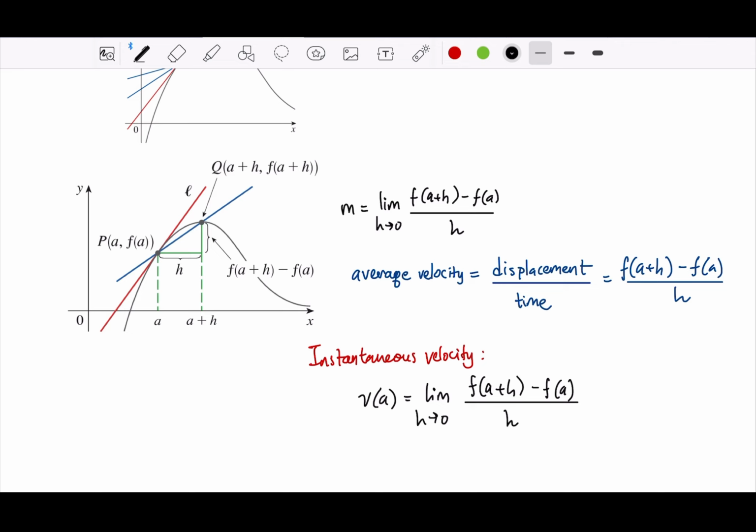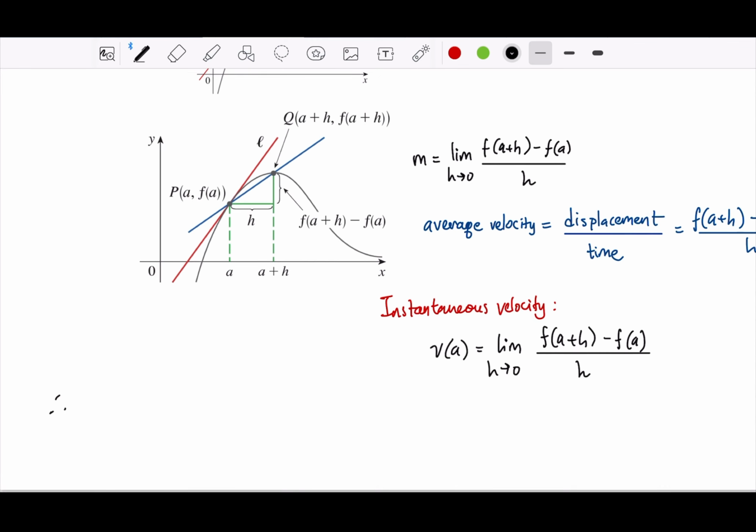And that's how the limit works. From there, for every point, we can figure out what the instantaneous velocity is. Because it works for every point, we can say that this is the concept of derivatives.